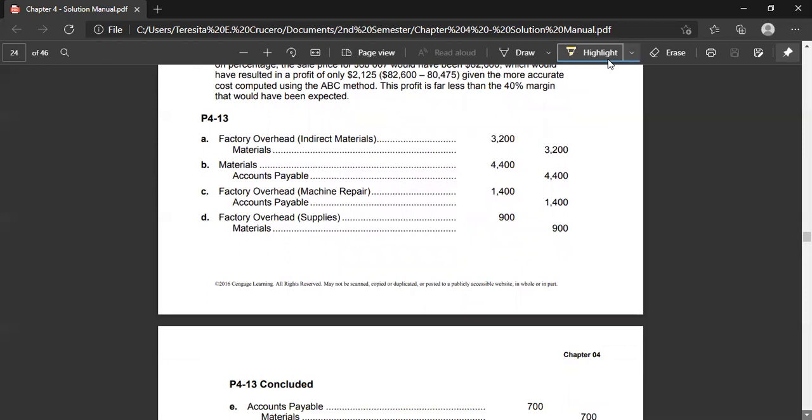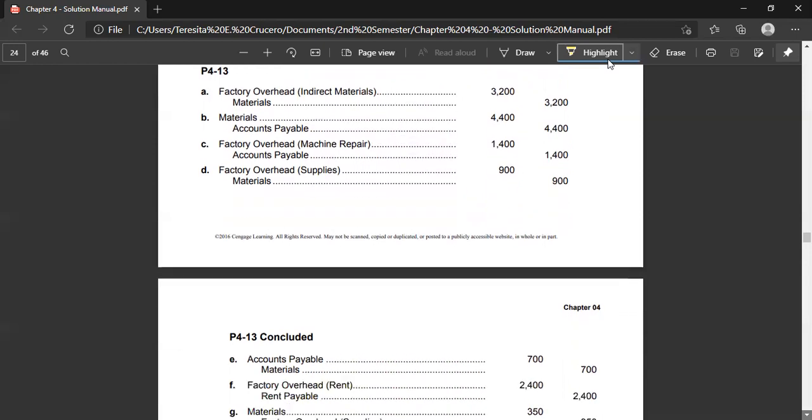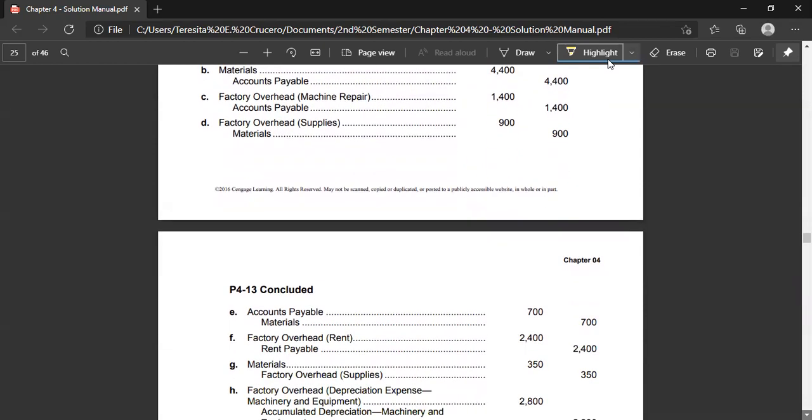So the entry is to debit factory overhead, indirect materials, and credit materials. Then letter B, purchase on account factory supplies for future needs. So the entry is to debit materials, as it includes factory supplies, and credit accounts payable.